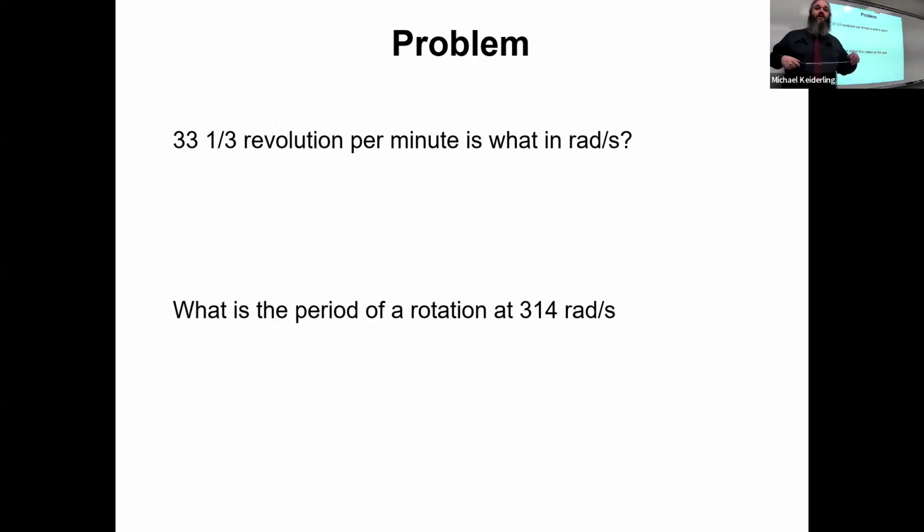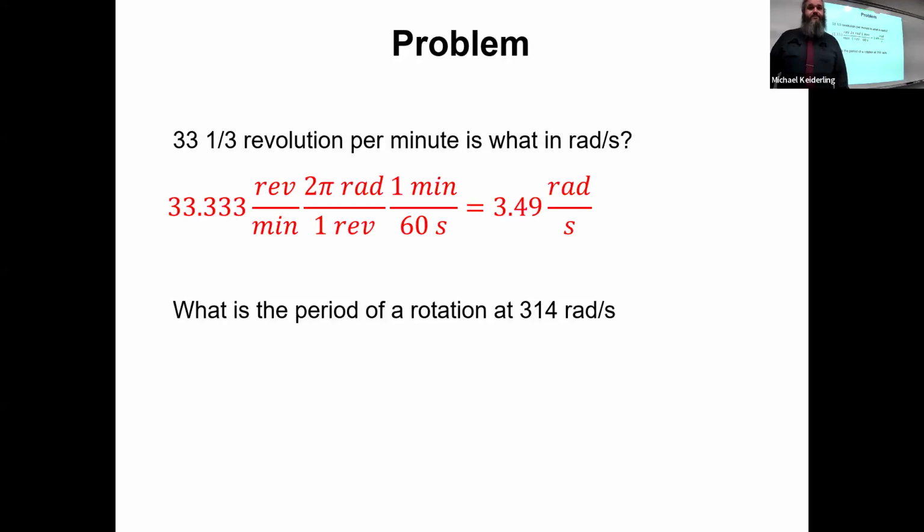So here are some problems. 33 1/3 revolutions per minute is what in radians per second? And then what's the period of rotation at 314 radians per second? So 33 1/3 revolutions per minute, that's 33.3 repeating, times 2 pi radians per revolution times 1 minute per 60 seconds, which is 3.49 radians per second.